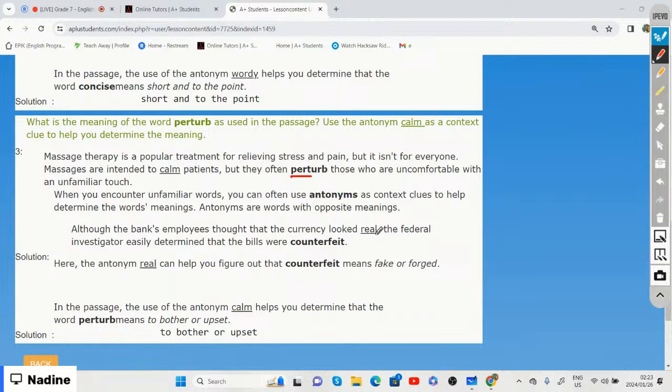So we said the familiar things are perturb, calm, right? Because we need to find at least the antonym of the word that is underlined before the word in bold.